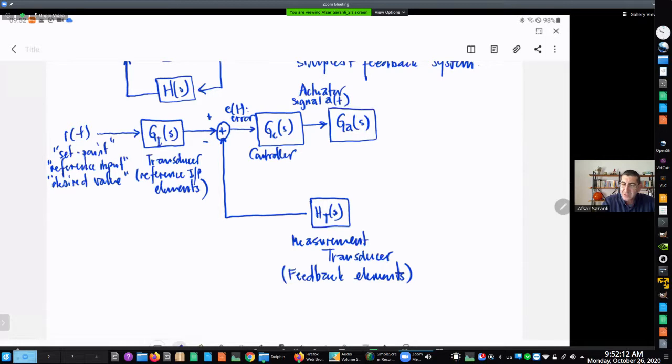What is an actuator? Well, we discussed it the last time. An actuator, for example, can be an electric motor. It can be a valve. It can be anything that actually physically drives the plant or the system. Okay, so we can call this the actuator model.